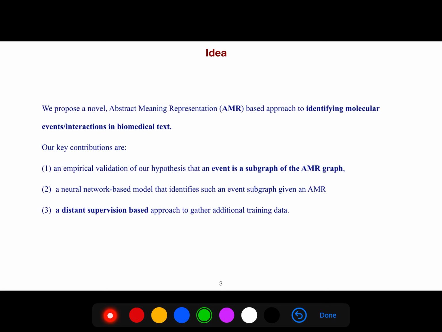So our key contributions are an empirical validation of our hypothesis that an event is a subgraph of the AMR graph, a neural network-based model that identifies such an event subgraph given an AMR, and a distance supervision-based approach to gather additional training data.